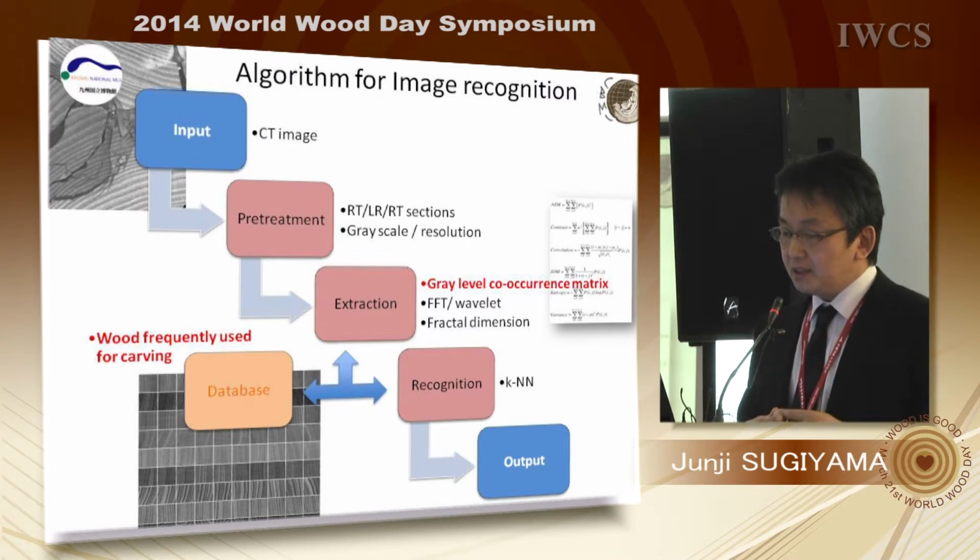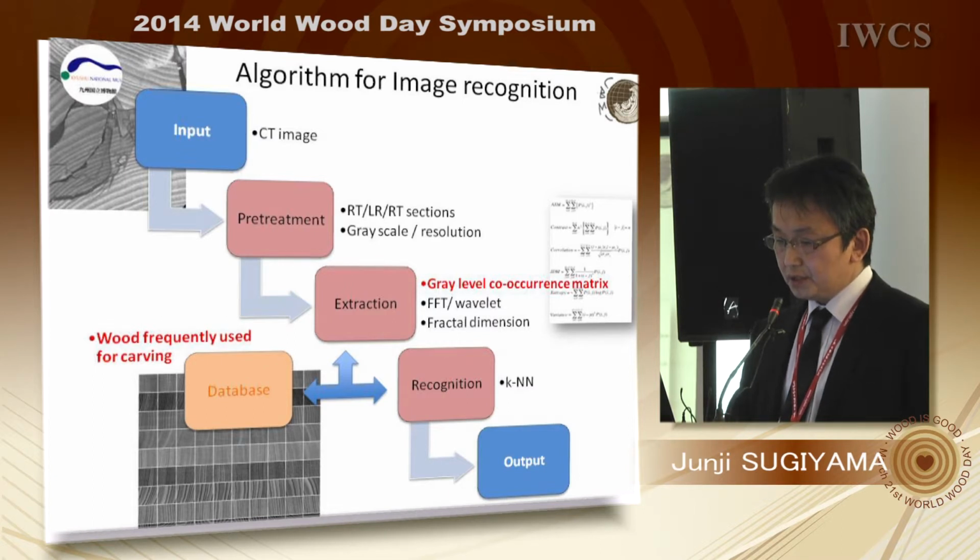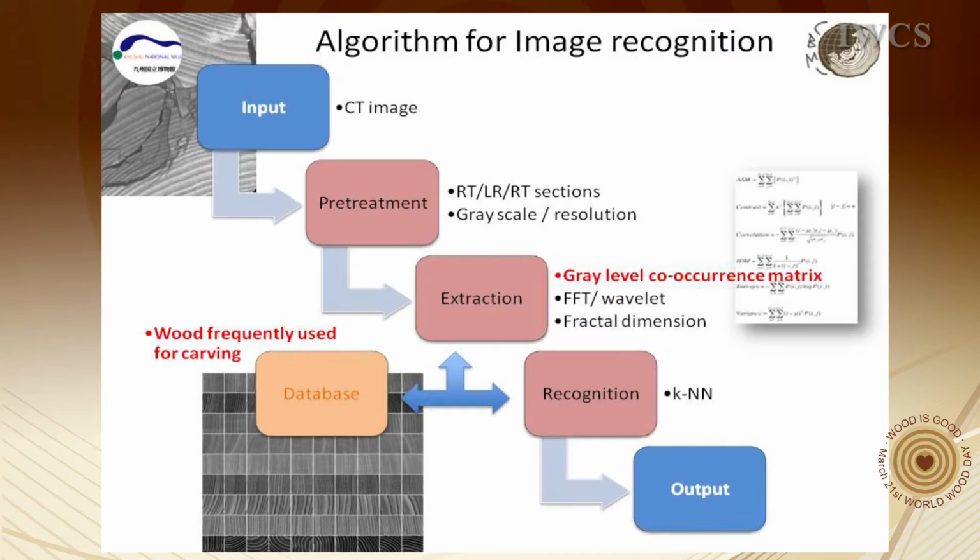So this is my algorithm at the moment. Input is CT images. From the CT images, with the three-dimensional digital data set, I prepare cross-sections, radial sections and tangential sections. And the next procedure is to extract image information. In this case, I am going to talk about the Gray level co-occurrence matrix.